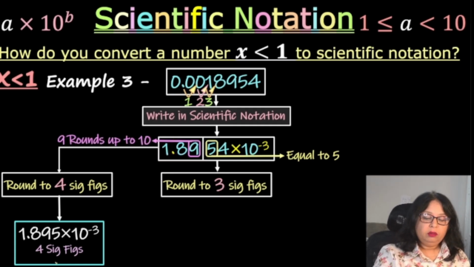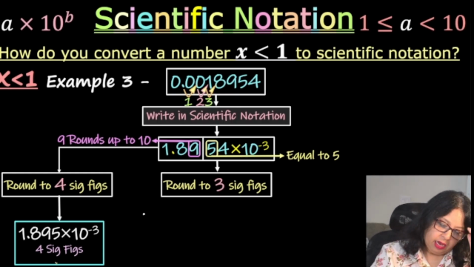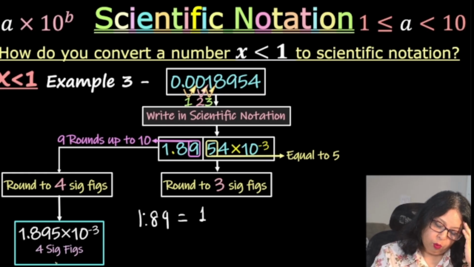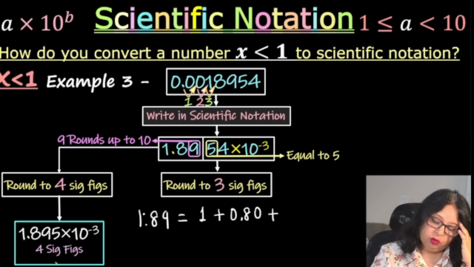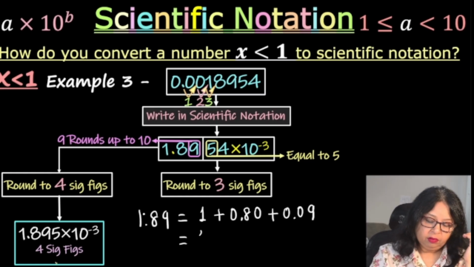So now what would this number become? Let's say you have 1.89. It can be written as 1 plus 0.89, and 0.89 can be written as 0.80 plus 0.09. Correct? Grade school mathematics.